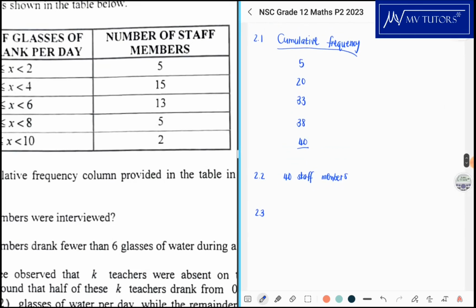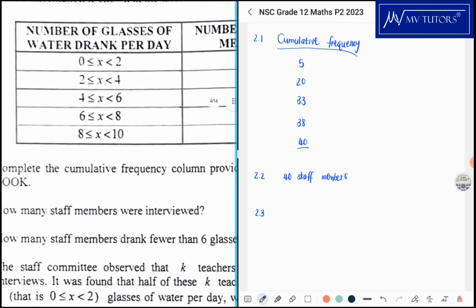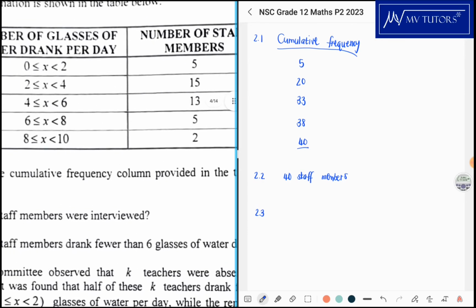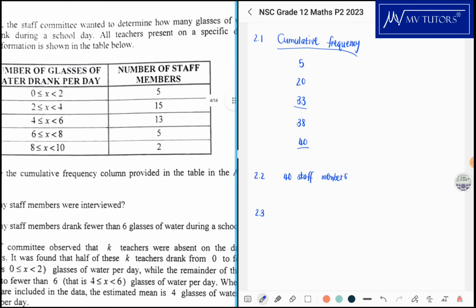So fewer than 6 glasses, that would be on the 3rd row, where we have 13, and our cumulative frequency we have 33. So that is the answer that you would put there.